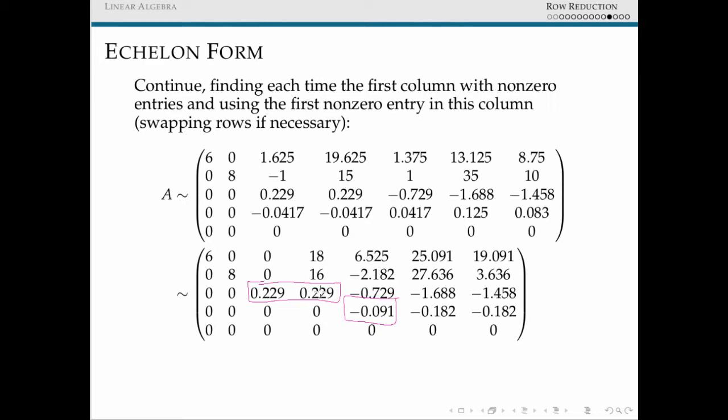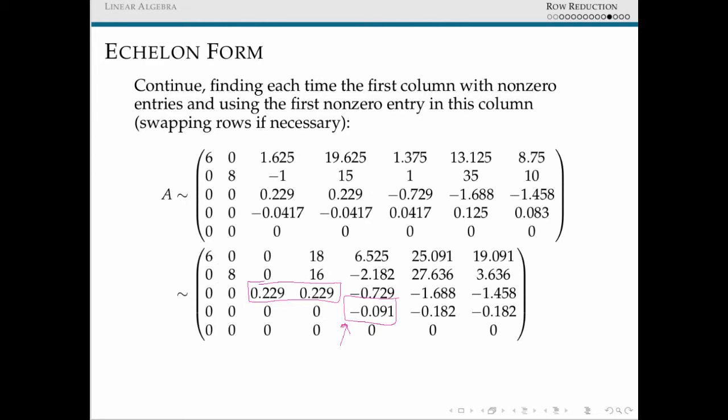So we're actually not going to be canceling out this 18 and 16 with any more row operations at the moment. So our next leading entry that we'll be interested in getting by himself is right in this entry. And you'll notice, this is already in echelon form by our definition.